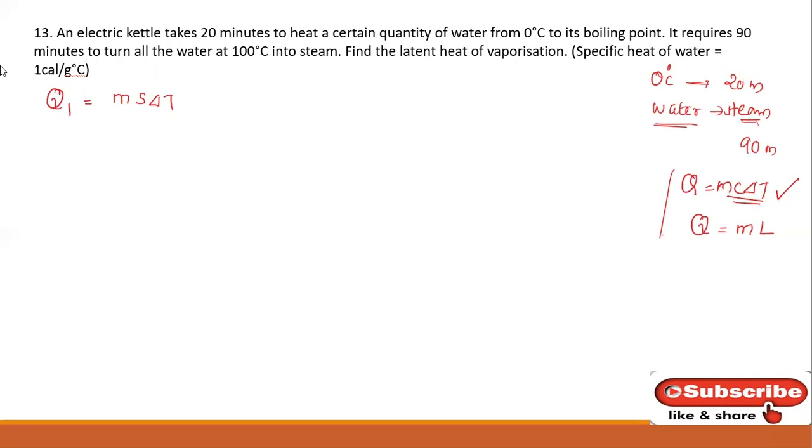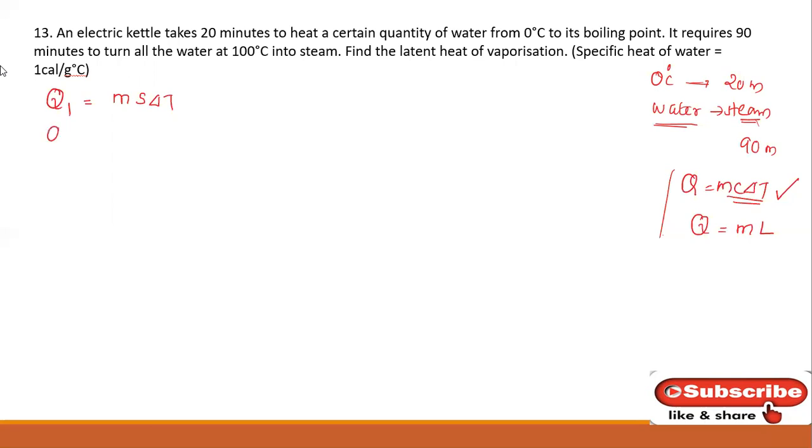So here, the heat supplied by the kettle in 20 minutes is Q1, which is equal to M s into delta T. We don't know the mass, so let it be M only. Specific heat of water is 1 calorie per gram degree Celsius.